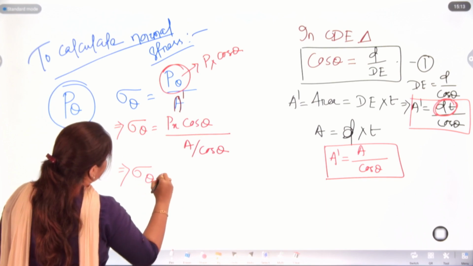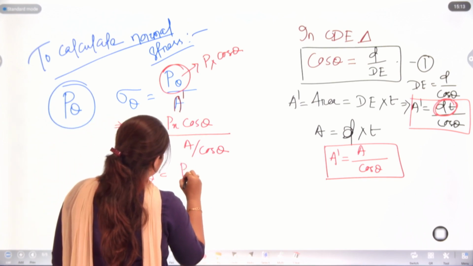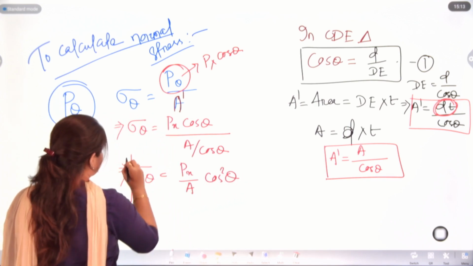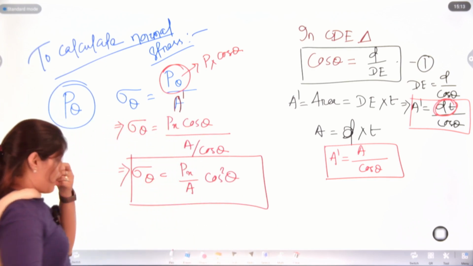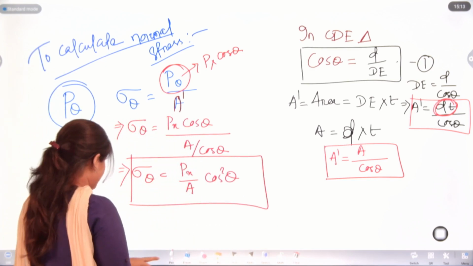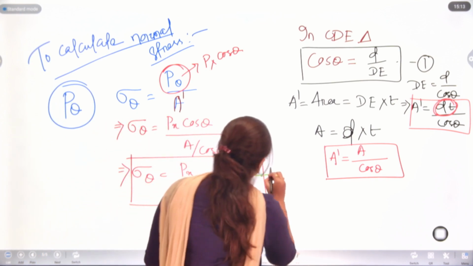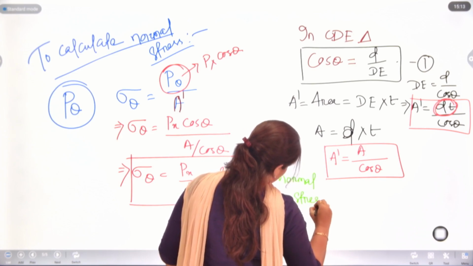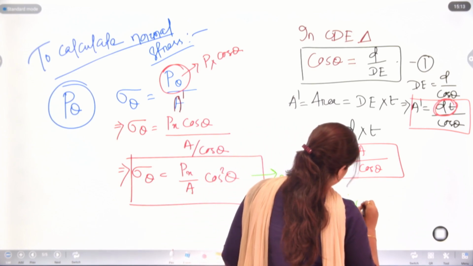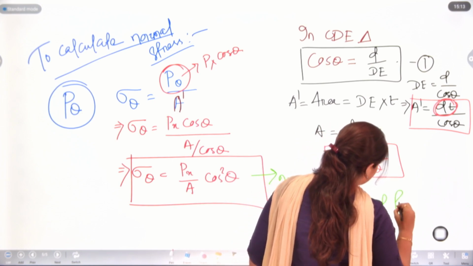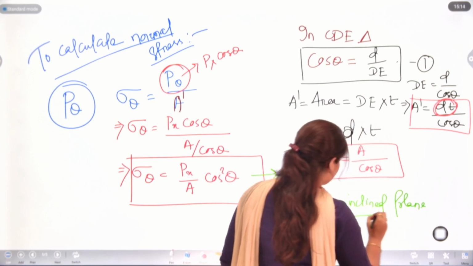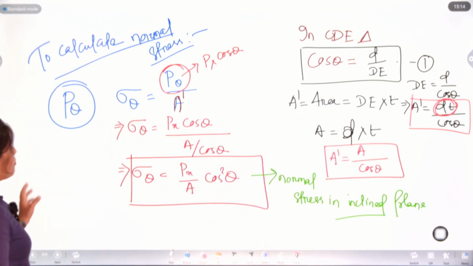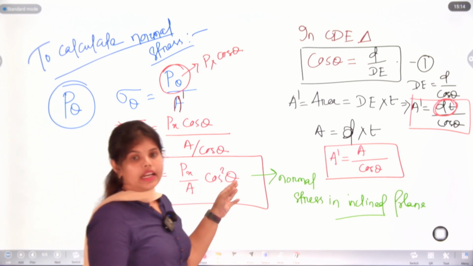Our sigma theta will be Px upon A into cos square theta. Now, we have our normal stress in inclined plane.